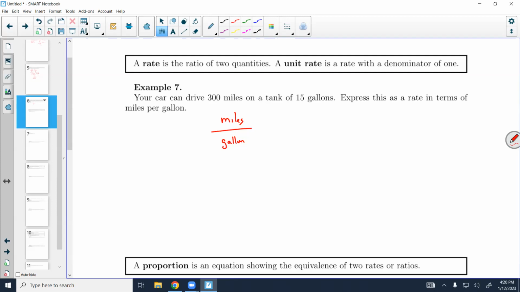So I want 300 divided by 15. That's the rate. A unit rate, we would go ahead and divide by 15 and get 20 over 1. That would be the unit rate. In other words, we get 20 miles per gallon.